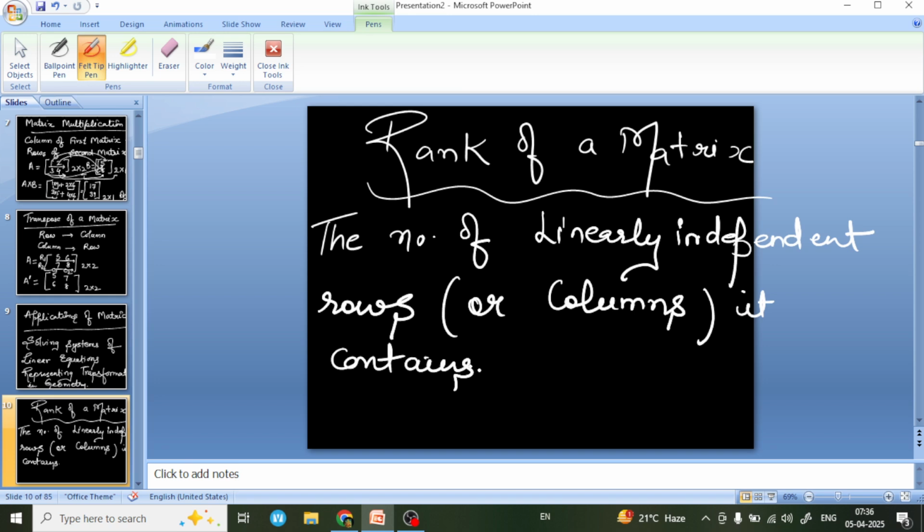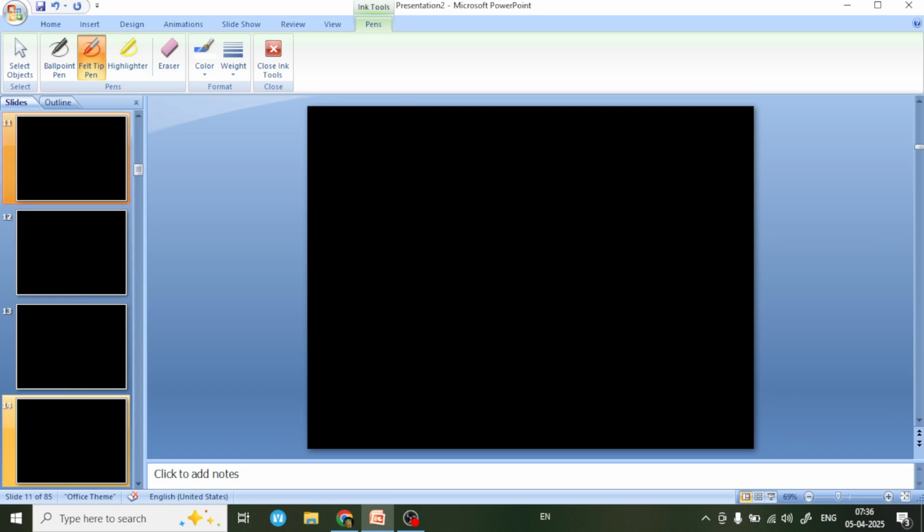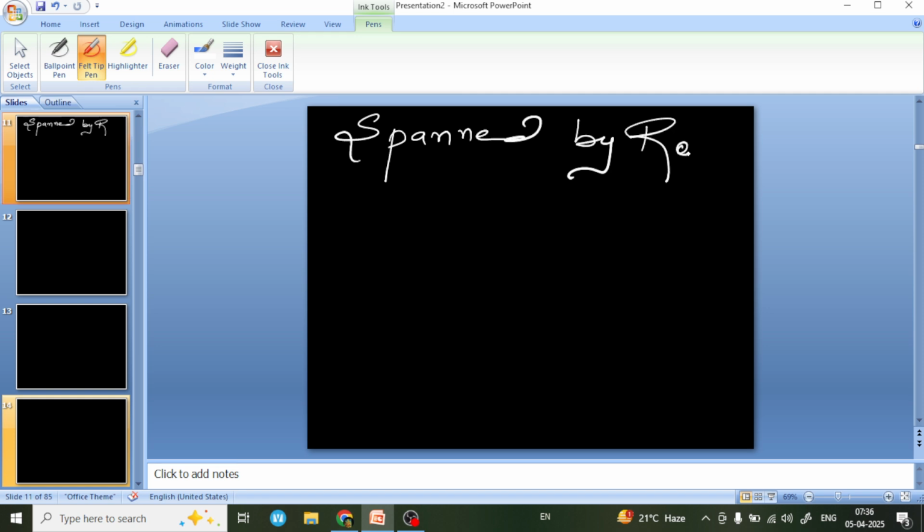We can say it indicates the dimension of the vector space spanned by rows or columns.